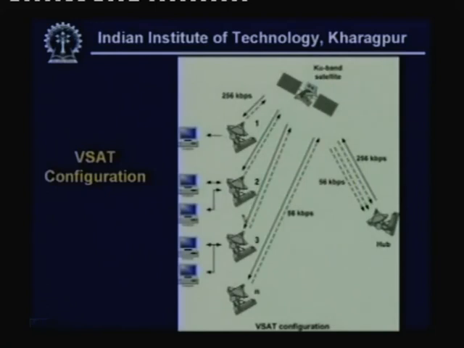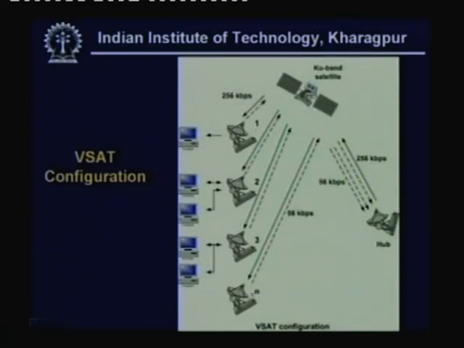So, you can see here how the communication is taking place. Each of these VSAT antennas can send signal, as you can see 1, 2, 3. So, n such stations can send, and as you can see they are going in some time division multiplex form to the hub. Then the signal coming from the hub is broadcasted by this satellite, and it goes to all the other stations.